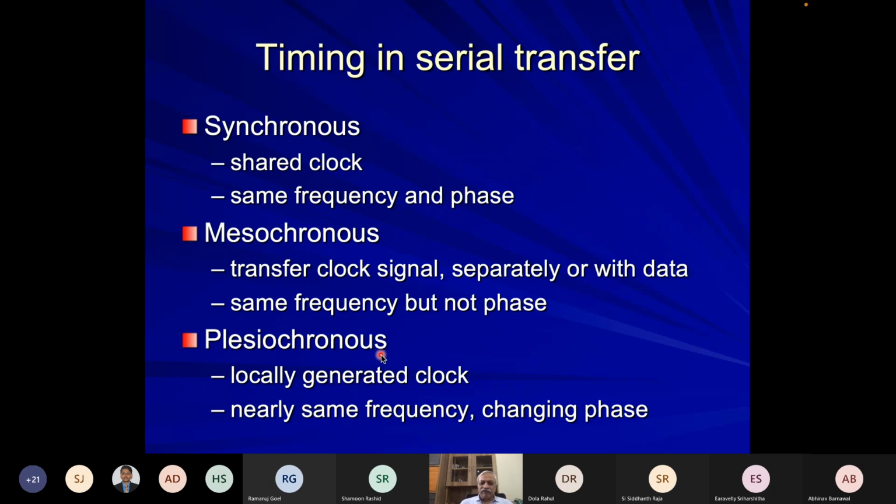So we have to live with this case where the frequency is nearly the same, not exactly the same, and this slight difference in frequency will manifest in terms of gradually changing phase. One clock will keep lagging the other gradually, and the phase difference will keep changing.